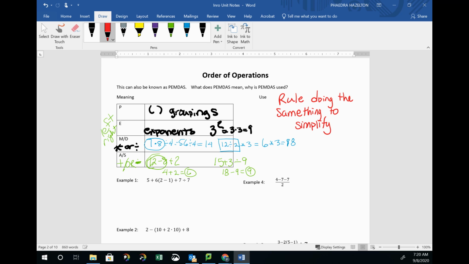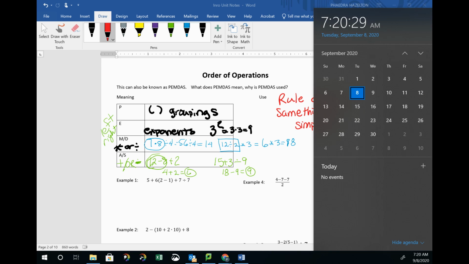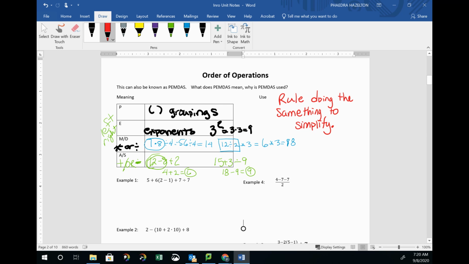It's kind of like a law. Like when you come to a stop sign, we need to know that that means stop. So it's the same thing with PEMDAS. You have to have some sort of rule so everybody's doing this and we're all in agreement that we all understand and we're all doing the same thing.